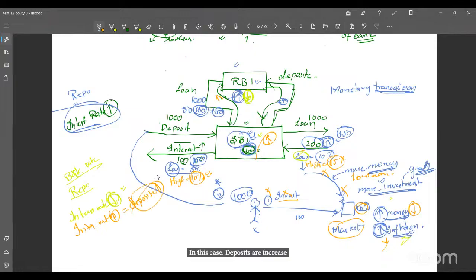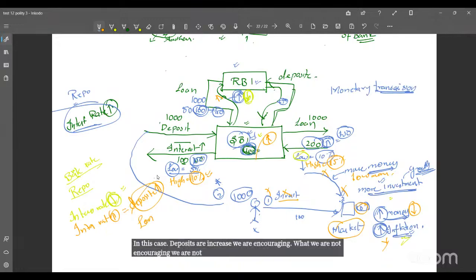We are encouraging deposits, and we are not encouraging loans. Getting a loan is discouraged. When getting loans is discouraged, no money supply in the market. When no money in the market, it will lead to reduced inflation.